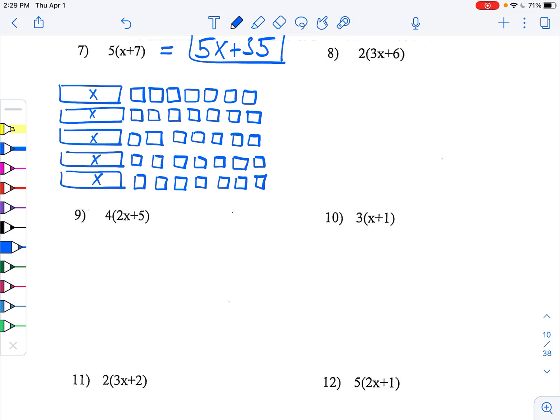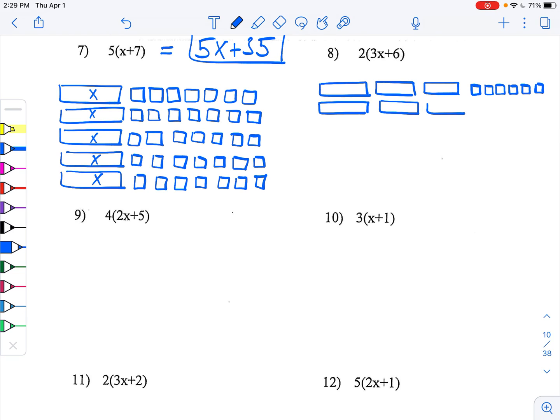All right, number 8. We have 2 times the quantity 3x plus 6. So let's draw what that means. We have 3 x's, 3 rectangles, and we have 6 little boxes. How many groups of that do we have? 2.